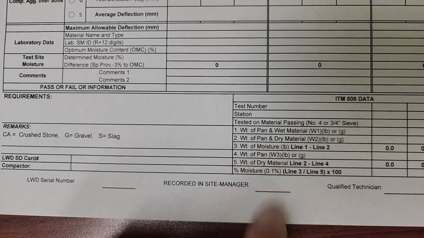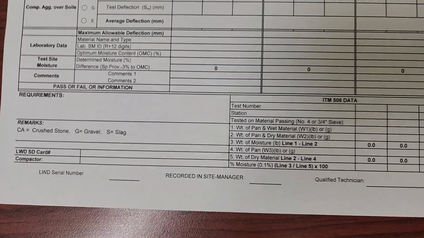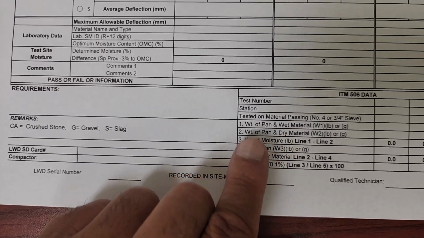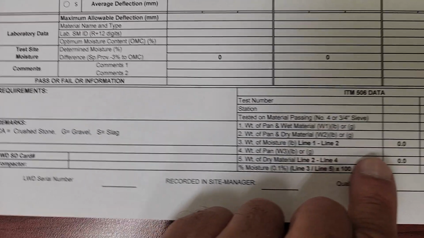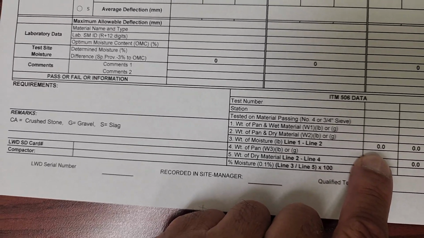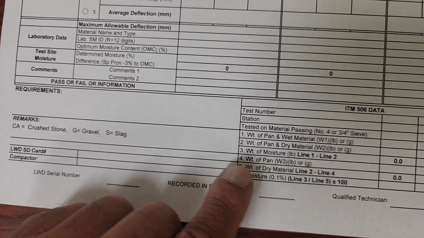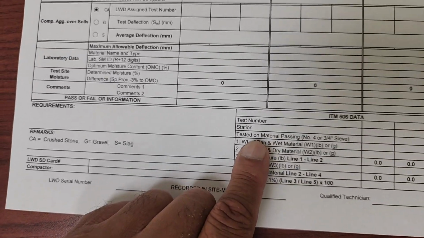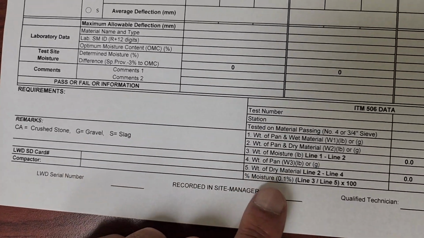And then you cook the moisture out, and then you weigh your dry material plus your pan. Then you find your weight of moisture by subtracting your dry material from your wet material.